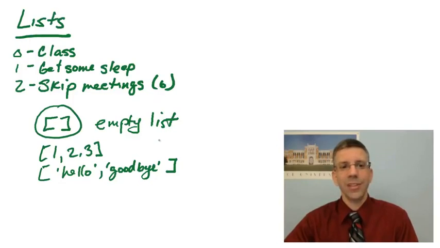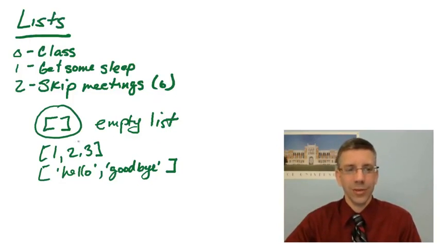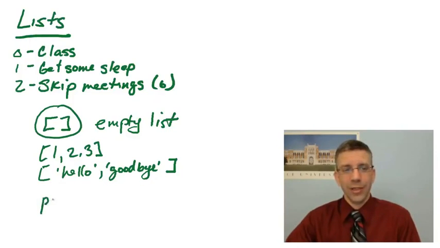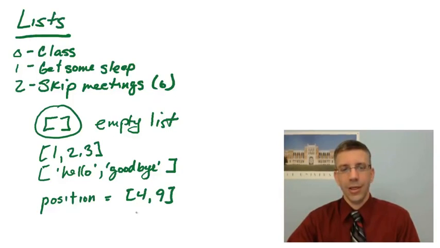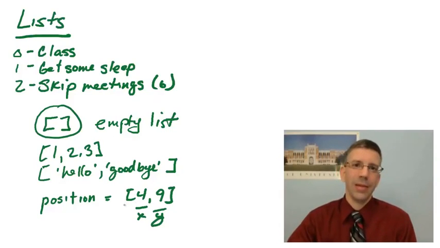So I've got my empty list, I've got my list with 3 numbers, I've got a list with 2 strings in it. Now, usually I will be assigning these to variables, so I might have something like position equals the list 4, 9. And implicitly, this is maybe my x coordinate and this is my y coordinate, so I know that my position is at x equals 4 and y equals 9.